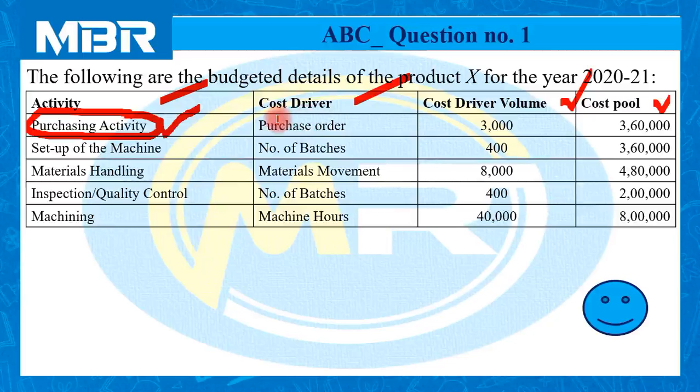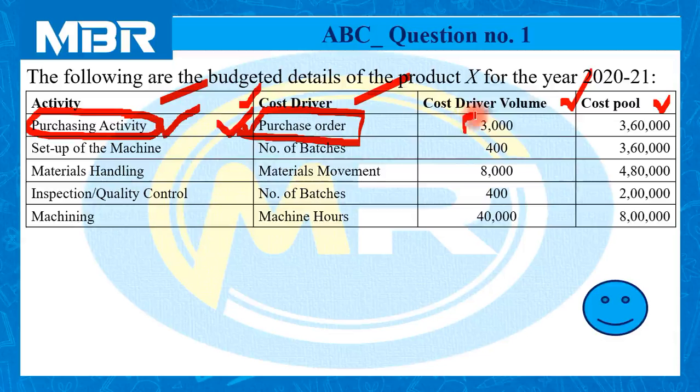Now the cost driver. The cost driver for this activity is the purchase order. It means to allocate the expenditure on purchase related activity, we need to consider the base of purchase orders. We need to allocate purchasing related activities expenditure based on the number of orders placed.